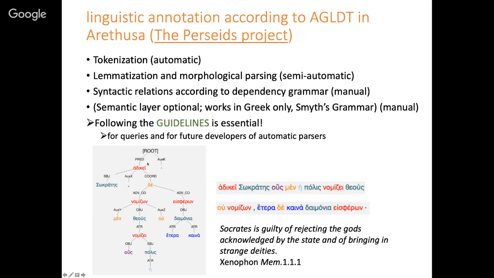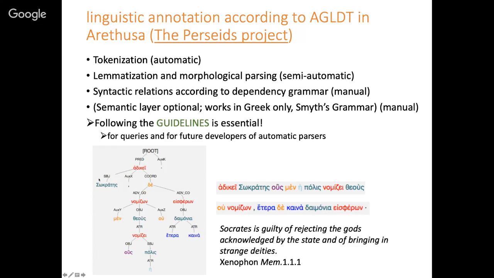There's the predicate as the root, and there's Socrates as the subject, and then there are two coordinated participle phrases, which are defining the state of the verb. So how Socrates is doing something wrong by rejecting the gods and bringing in new deities.